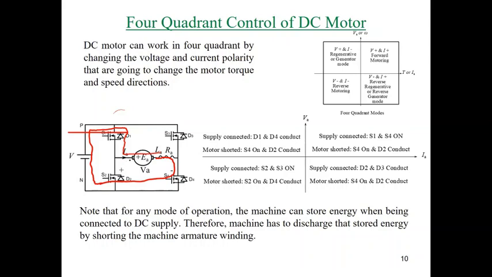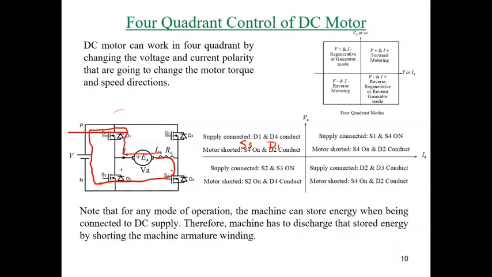No, this is wrong. This part is wrong. I will modify it. Okay. And in order to keep the current in the same direction, so the current is moving in that direction now, we can turn on S3 with D1. So this one should be S3 and this is D1. Okay, is that fine?